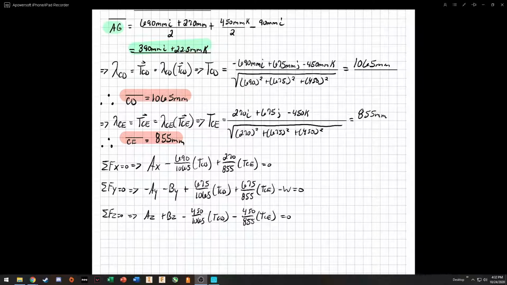Sum of forces in the y, we get negative AY minus BY plus 675 over 1065 times tension CD plus 675 over 855 times tension CE minus our weight. Forces in the z direction, we get AZ plus BZ minus 450 over 1065 times tension CD minus 450 over 855 times tension CE is equal to 0.